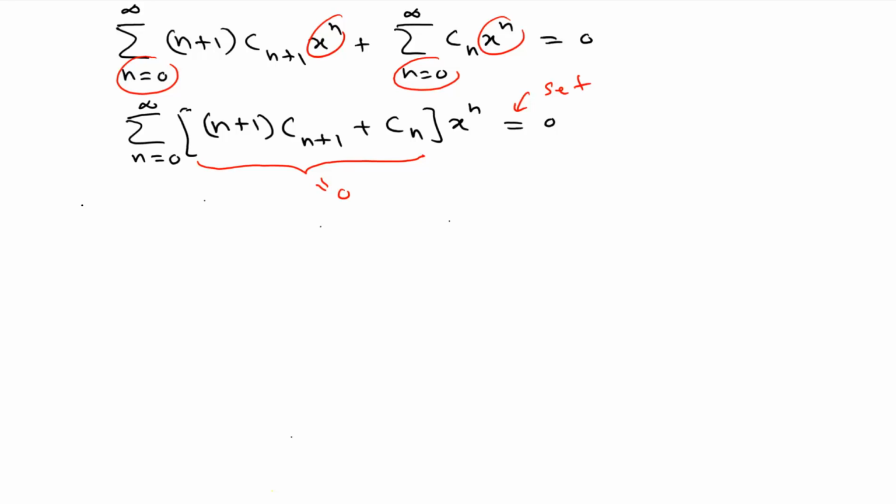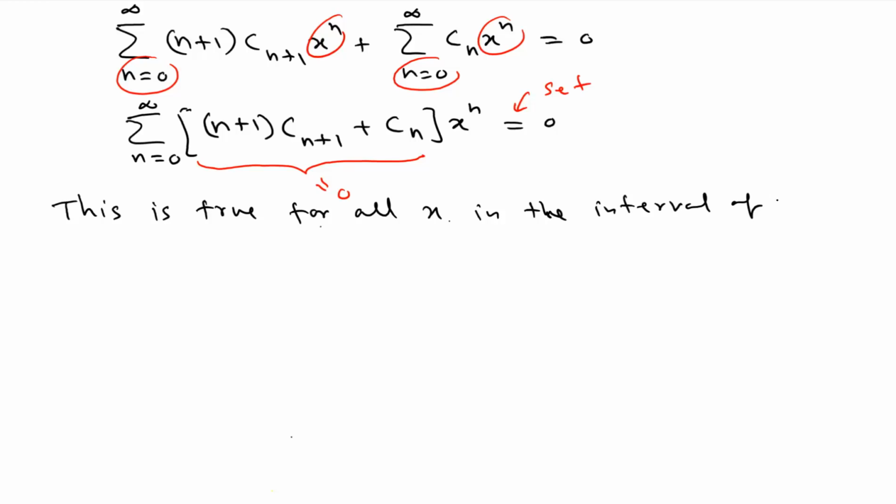And this is true for all x in the interval of convergence. So thus, the only thing that can happen is that the coefficient has to be 0.